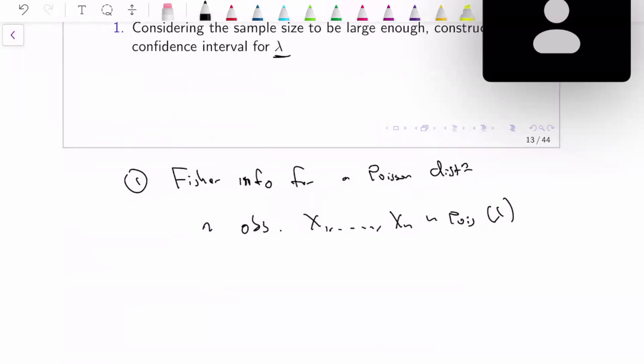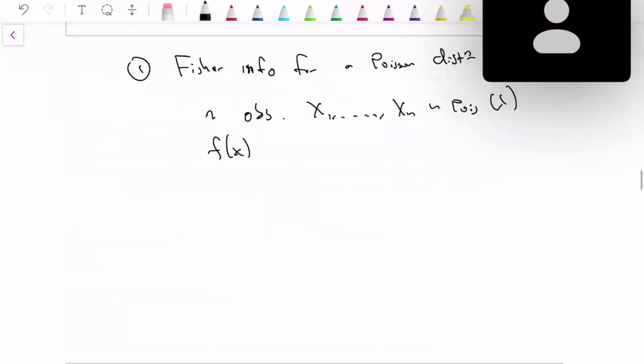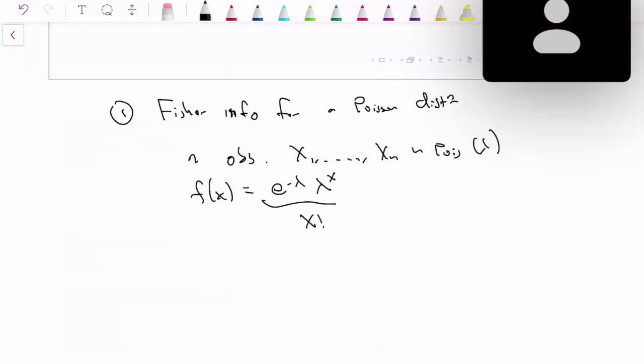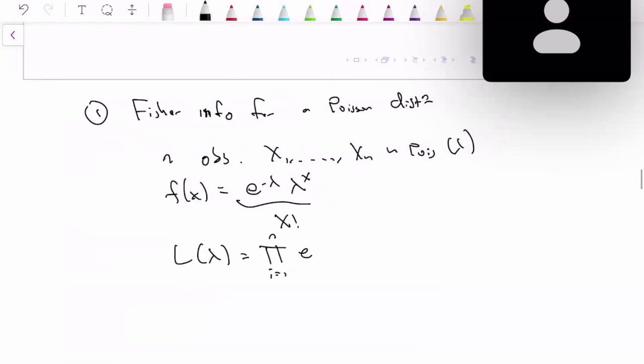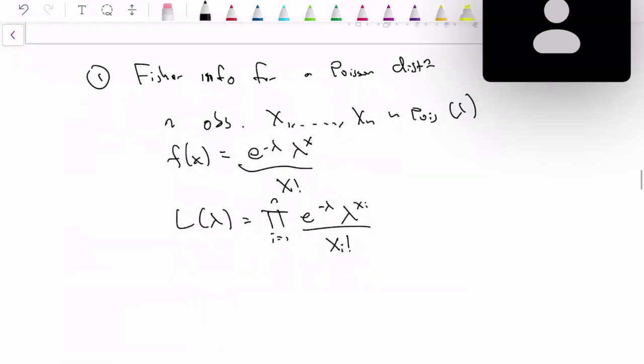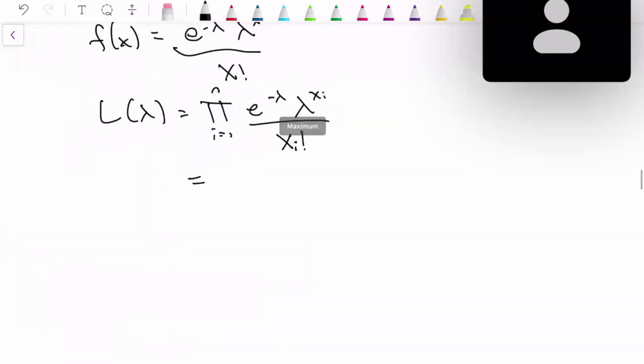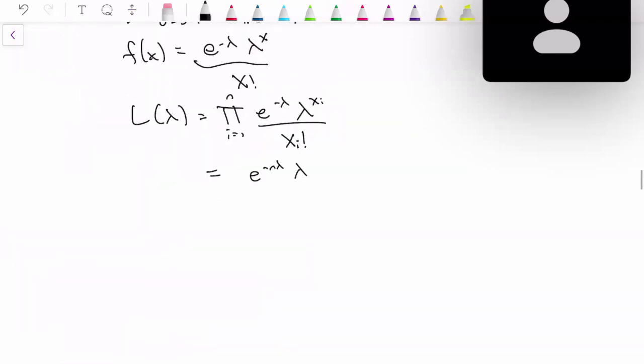If you remember, the PDF for Poisson is e to the negative lambda, lambda to the power x, over x factorial. So then the likelihood is just the product. So this is e to the negative n lambda, lambda to the power sum of xi, over the product of xi factorial.